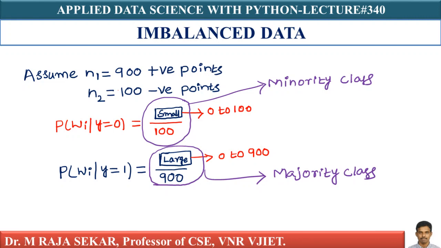Now let's assume we apply Laplace smoothing for the positive and negative classes. Use the same alpha for positive and negative classes. When you are using the same alpha, alpha will impact the minority class more. Alpha impacts the majority class less.